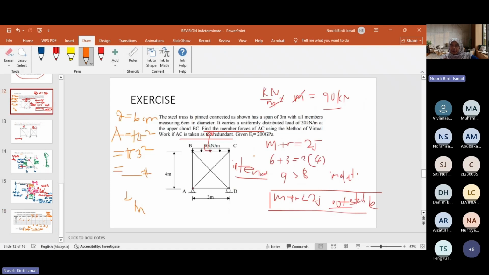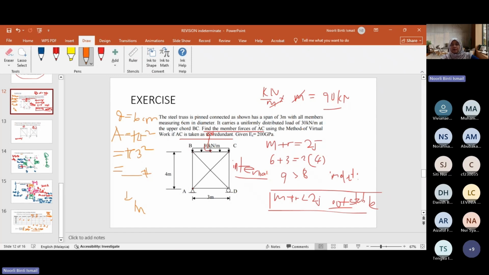First, find the determinacy. If you found that M plus R is more than 2J, it's indeterminate with 1 degree. How do we get 1 degree? 9 minus 8, we got 1. So we got 1, meaning 1 redundant. If you got 10 more than 8, that is 2 redundant. 2 redundant means it may be internal, both, or internal and external.